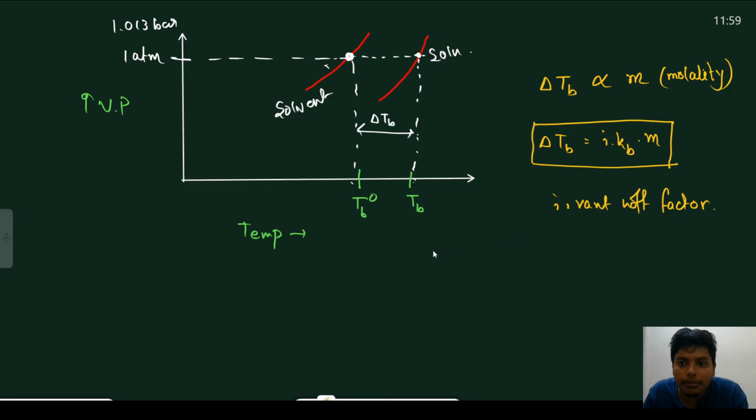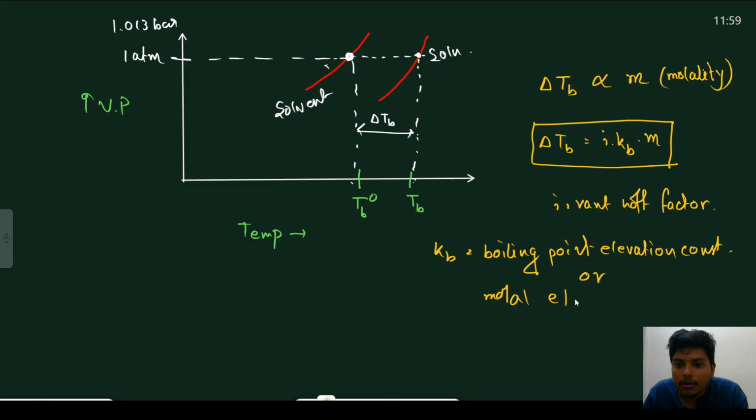Listen, what is Kb? Kb is a very important thing. Kb is known as the boiling point elevation constant, or molal elevation constant, or ebullioscopic constant.